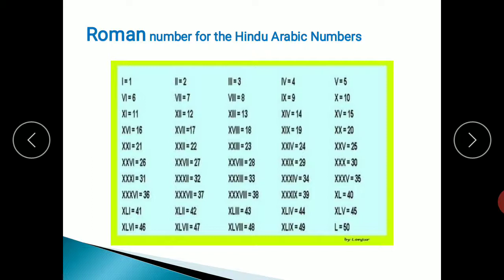The Roman number system does not use 0. In the Roman number system, we are not using 0; we use symbols. What are the symbols given? I for 1. So 2 we write in Roman as two times I. Then to write 3, I will write I three times.